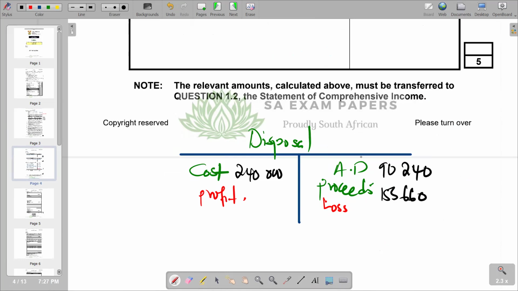So we see which side is greater. So if you look on the debit, we've got 240,000, then on the credit, we say 90,240, and then you add your 153,660, you're going to get it as 243,900. So the total that we have on the credit is greater. So it means we've got a balancing figure that we have on the debit side.